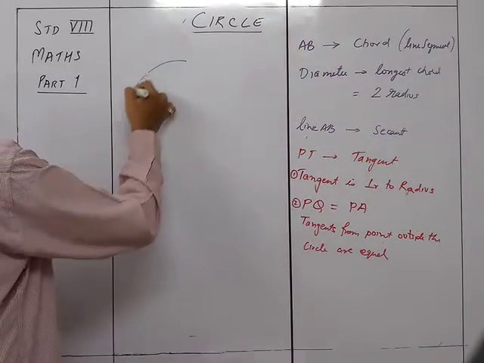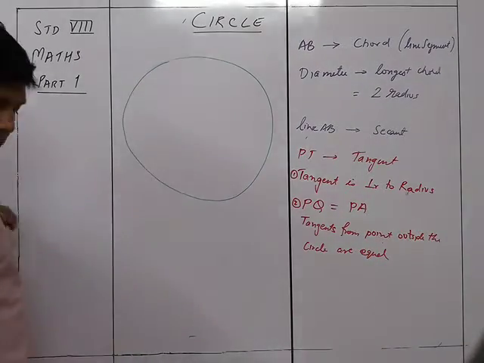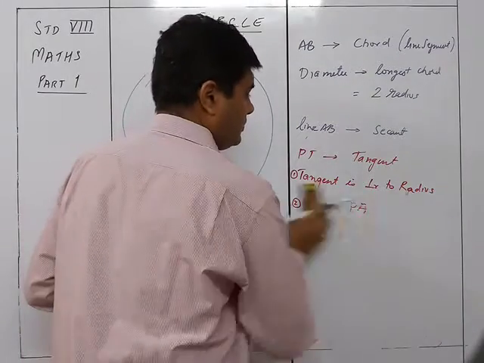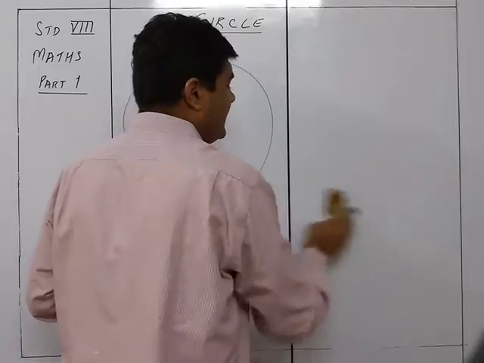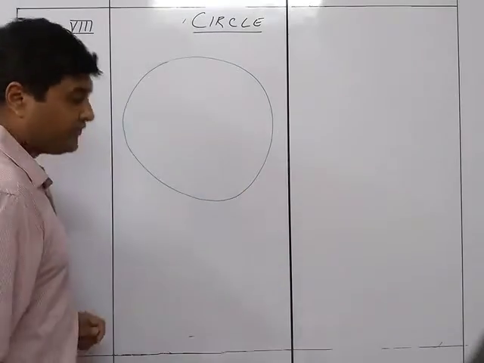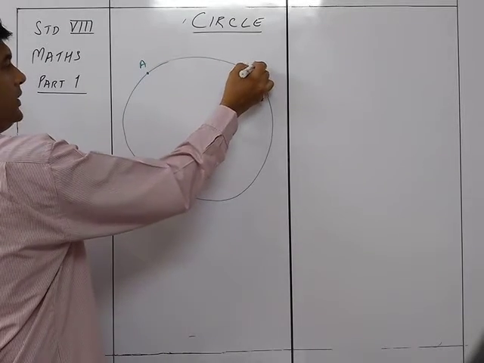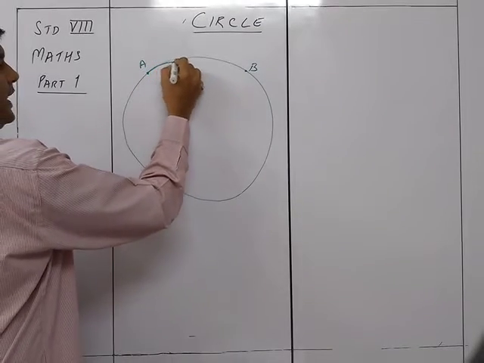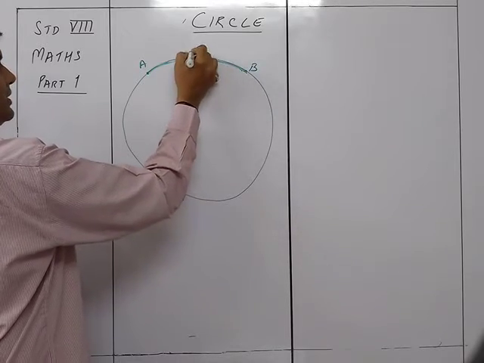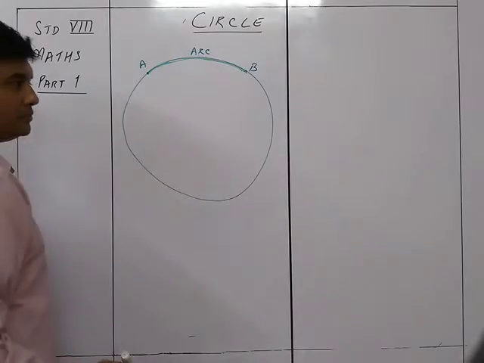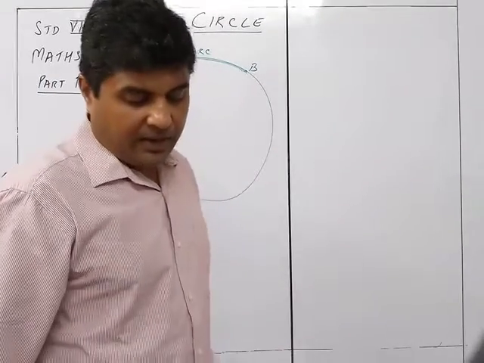If I have a circle here, and I take any two points on the circumference of the circle, point A and point B, this AB over here is called an arc.